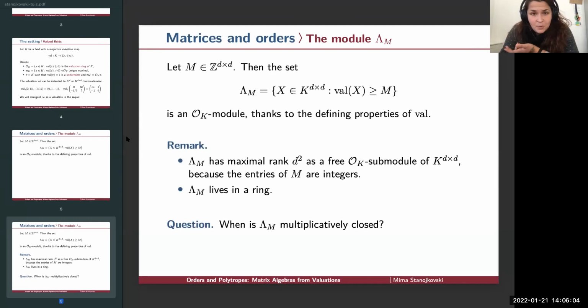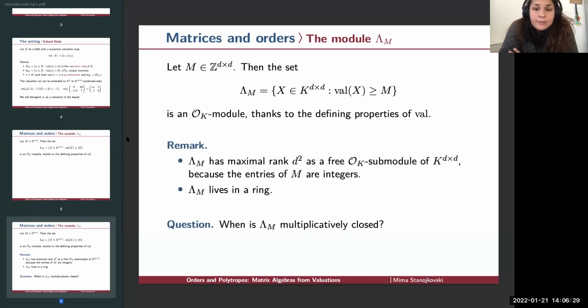We can even say more about the structure of such a set. It's not only an O_K module, it is a free O_K submodule of the ring of d by d matrices with coefficients in K, and it has rank d squared. So if we tensor up with K, we get the whole thing.